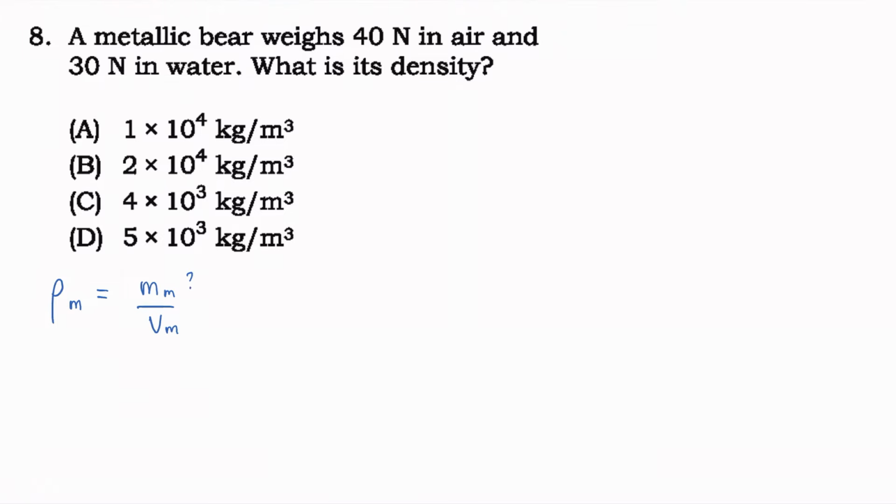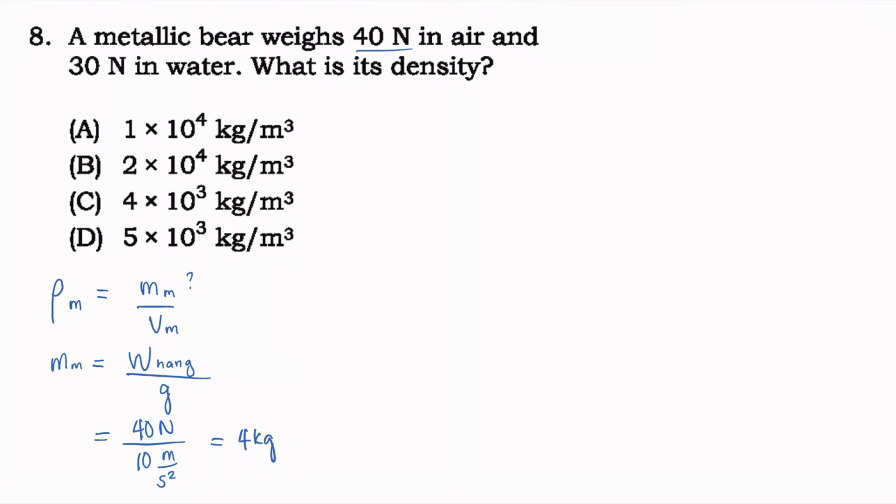Mass nung bear is equal to weight kapag nakahang siya over yung gravity. Equal yan sa 40 newtons over yung gravity na 10 meters per second squared, which is equal to 4 kilograms.